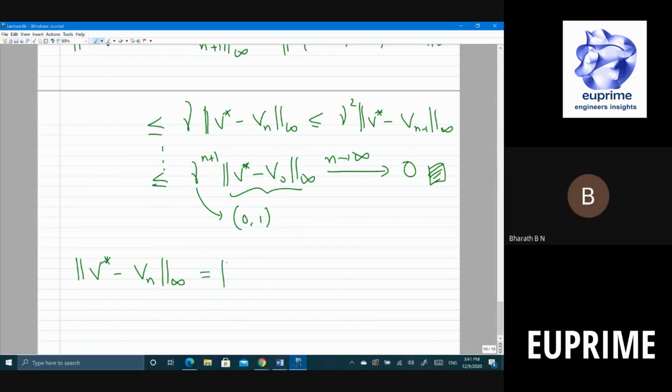So I can write this as the same step, right? Phi of V star, because phi of V star is equal to V star. But what is Vn? Vn is phi of Vn minus 1. So this is nu of V star minus Vn minus 1, right? Do you agree?